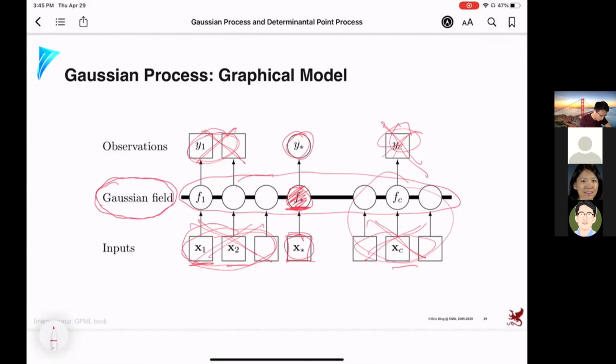Here it says it's a Gaussian field. I guess a Gaussian field means all of these F on this very thick black line are interconnected with each other. So it's a complete graph. Yeah, just to fit it to the slide. Thank you so much for the reminder that this is not sequential. There's no sequential information. We have everything dependent on each other.